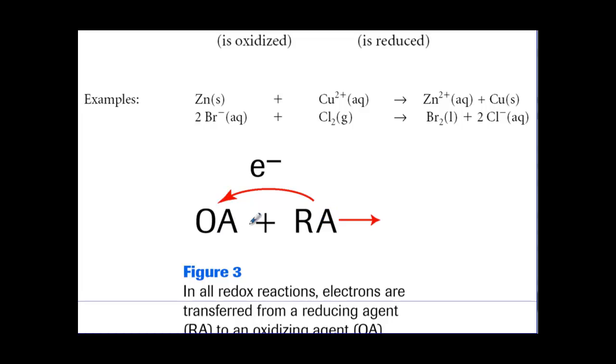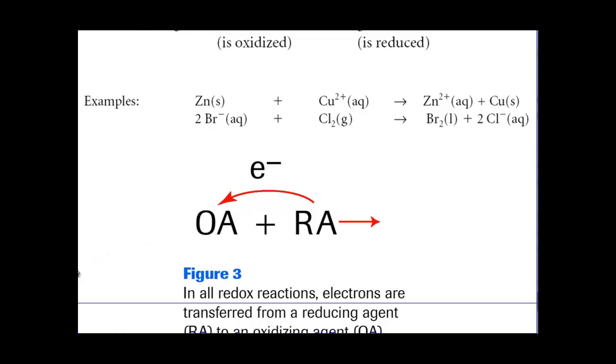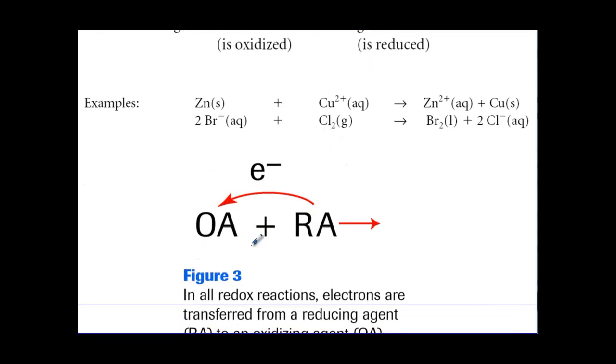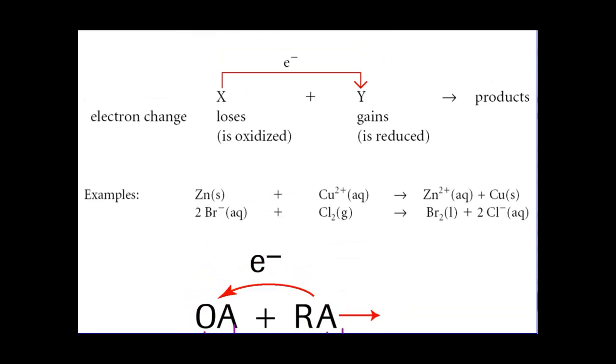So if the orientation is correct on that data booklet, if this guy is strong enough, he'll steal his electron. So electrons always go from a reducing agent who is oxidized, who loses his electron, to the oxidizing agent who is reduced, who then gains the electron. So hopefully that makes sense.